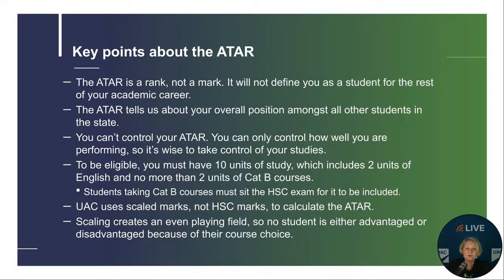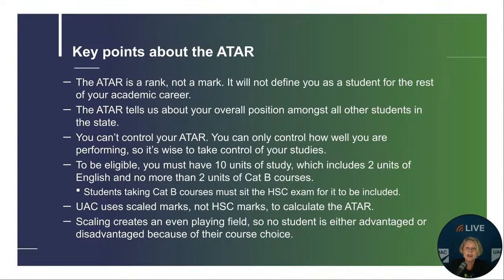And of course, to be eligible, you must have 10 units of study, which include 2 units of English and no more than 2 units of Category B courses. So for those students taking Category B courses, you must of course sit that optional HSC exam if you want it to be included in the ATAR calculation.